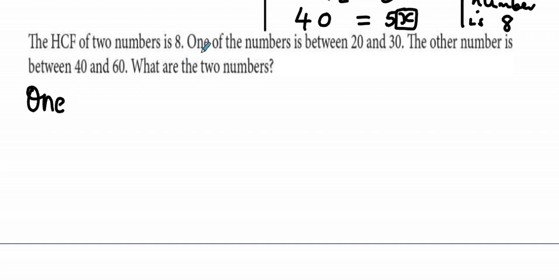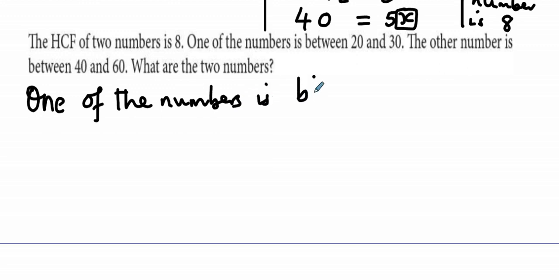Okay, now it is mentioned here that one of the numbers is between 20 and 30. So let us try to identify all numbers which are between 20 and 30.